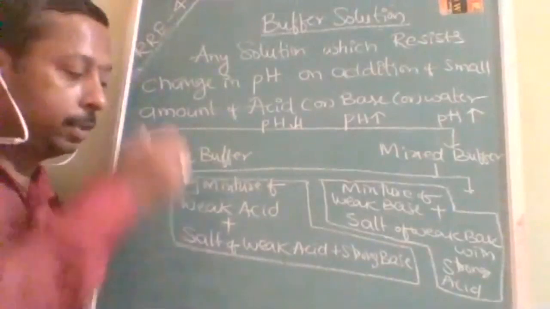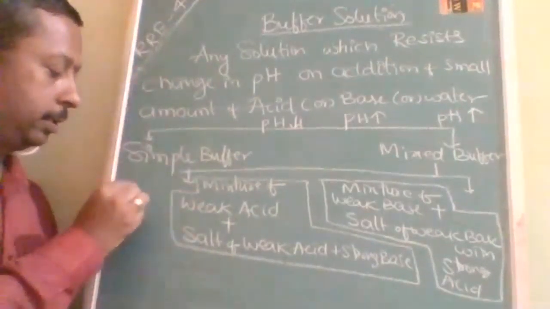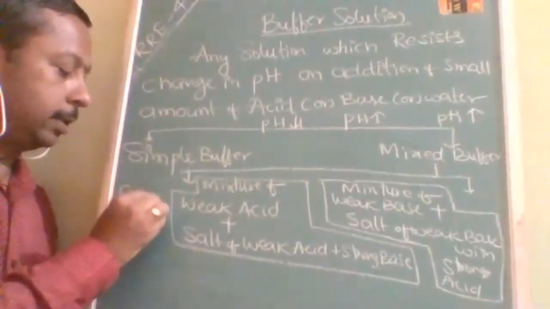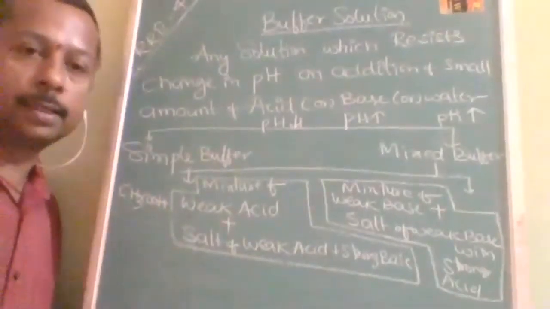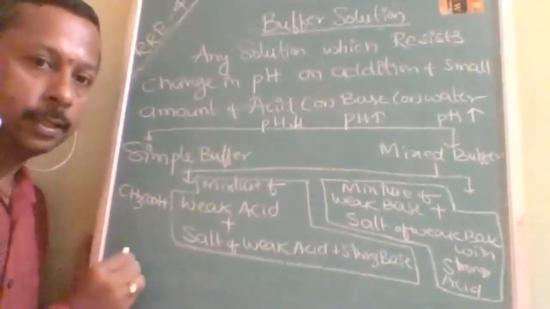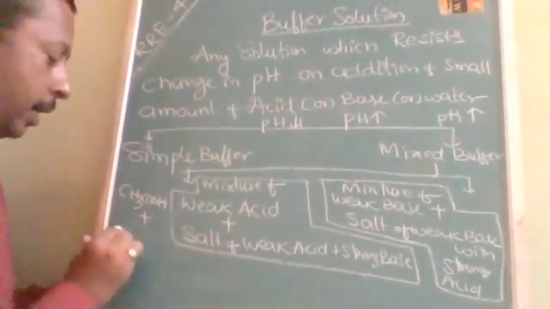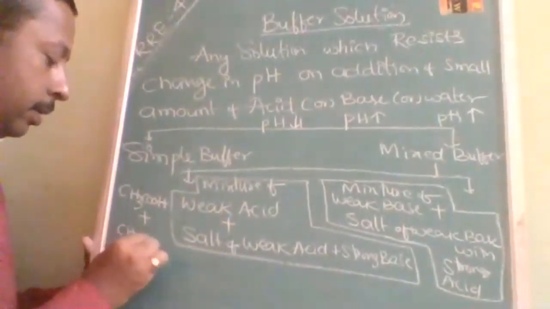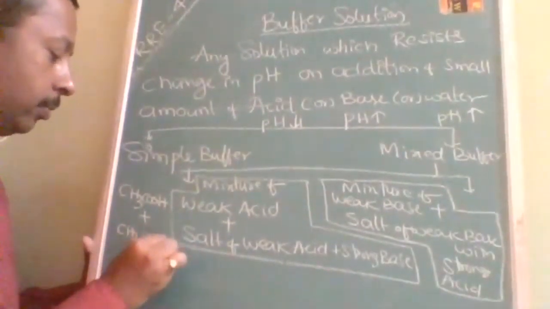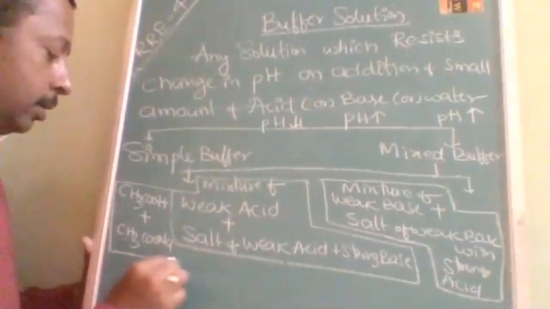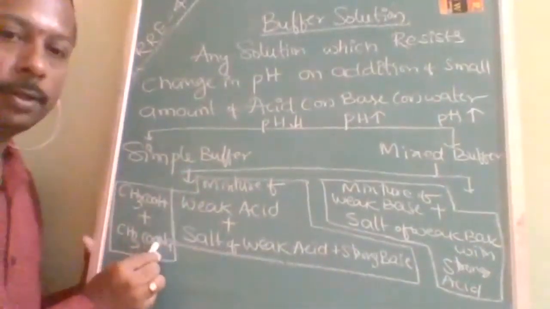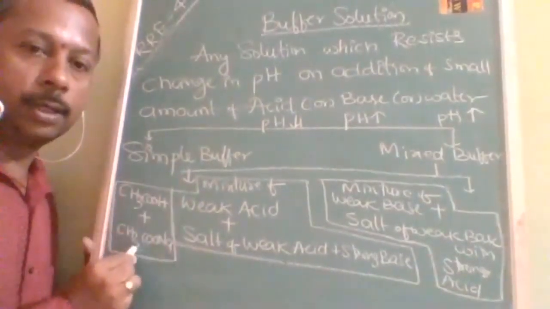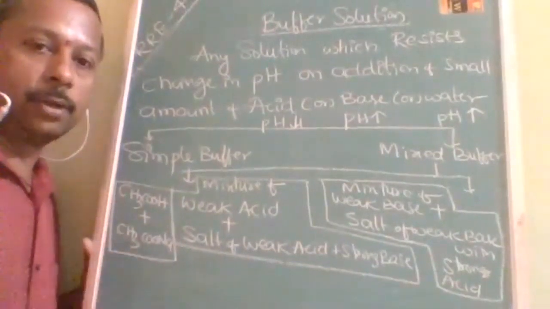Okay, here let us take acetic acid, a weak acid. Acetic acid is a weak acid, but when it is added with CH3COONa, this is the salt of the weak acid with strong base.